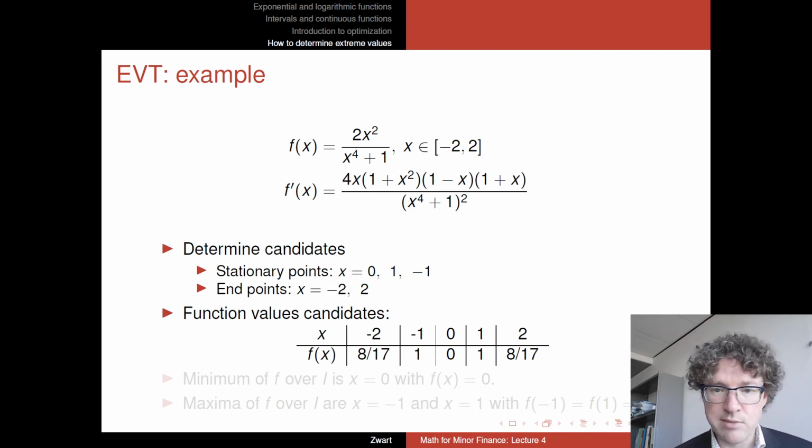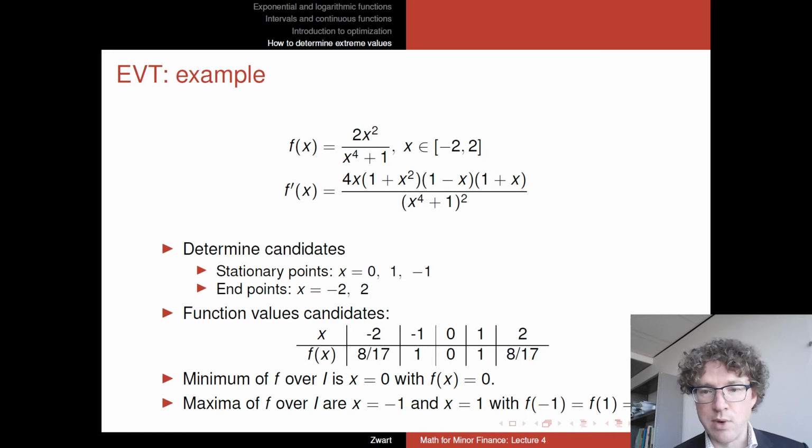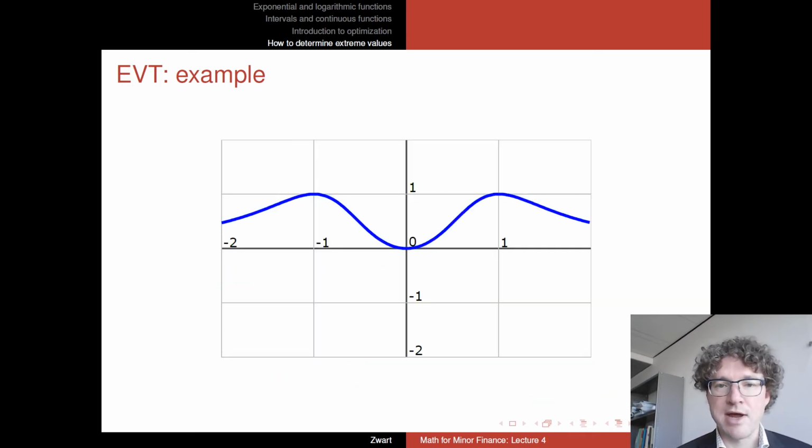We looked at this table and saw that the minimum occurs at x equals 0, where f equals 0, while the maximum occurs at x equals plus or minus 1, and the height of this function is 1 at that location. So this answers the question, and we can see in the graph that we did the right computation by verifying that the graph indeed takes its maximum at 1 and -1, equally high, and its minimum at 0. And these endpoints are actually neither maxima nor minima.